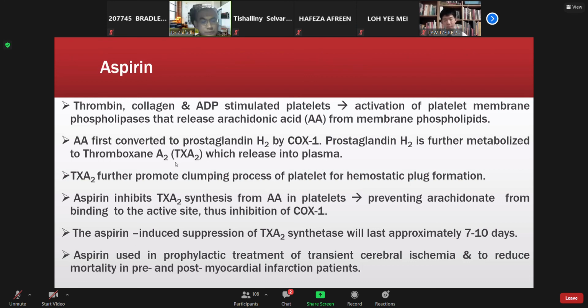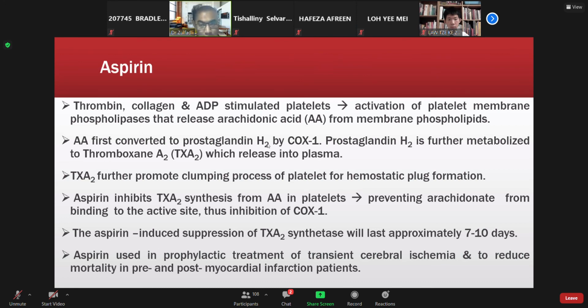This thromboxane A2 activates the receptors 2A, 2B and 3A at the surface of the platelet. So the aspirin inhibits this thromboxane A2 synthesis.